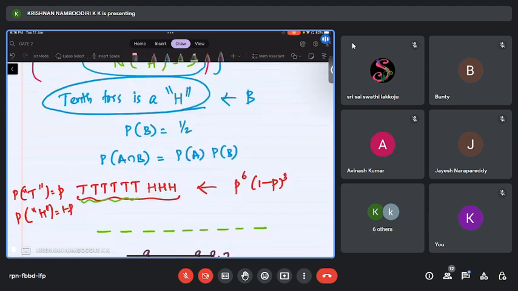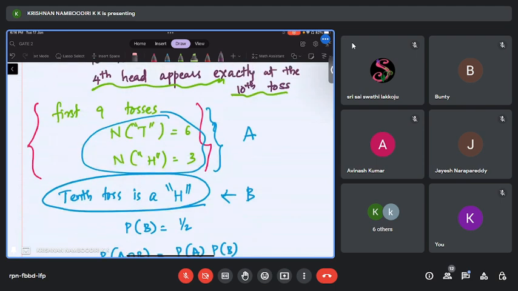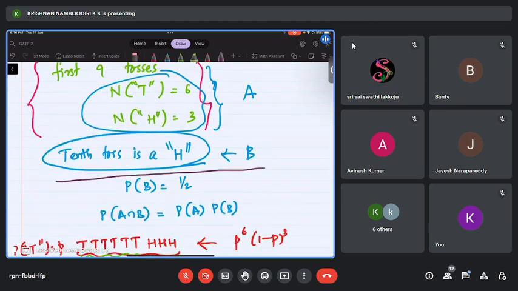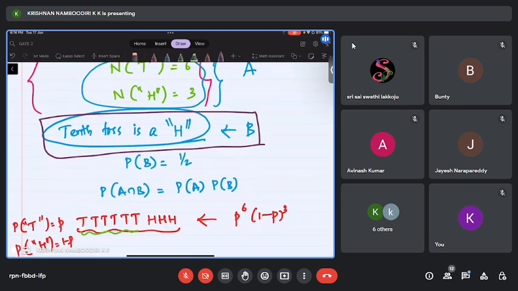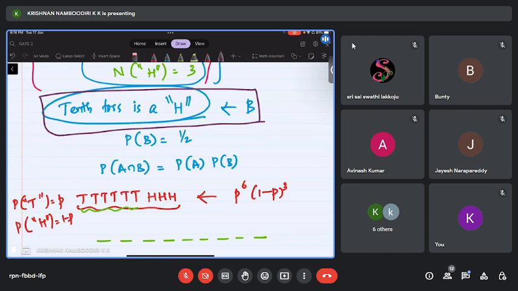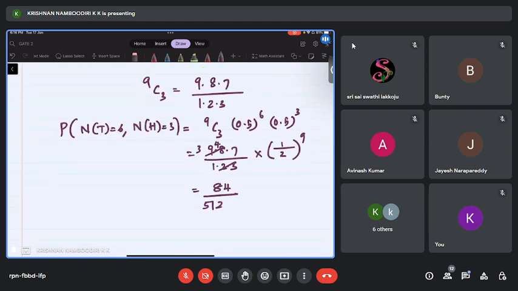So this is the probability of getting 6 tails and 3 heads in the first 9 tosses. And there is one more probability that you have to multiply, which is the probability of getting a head in the 10th toss, which has probability 1 by 2.